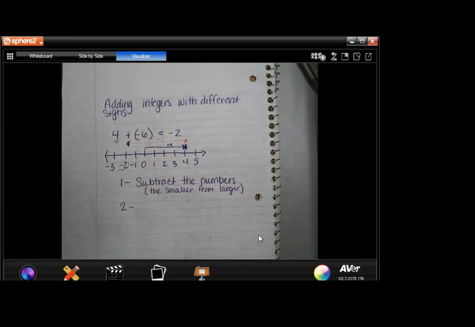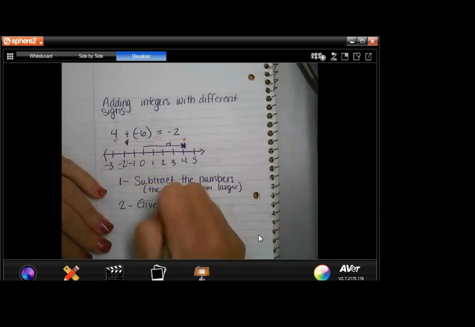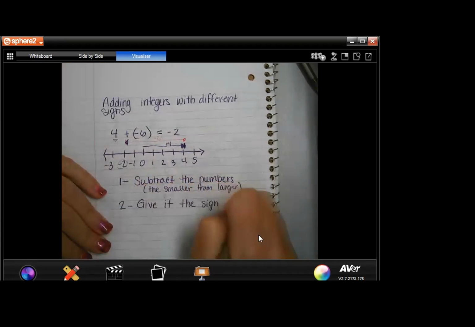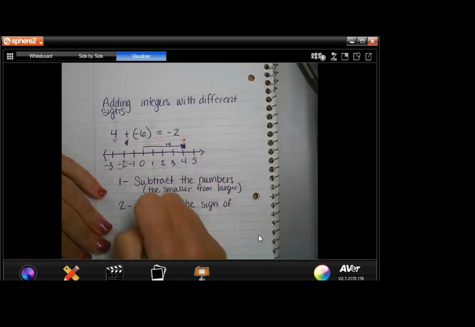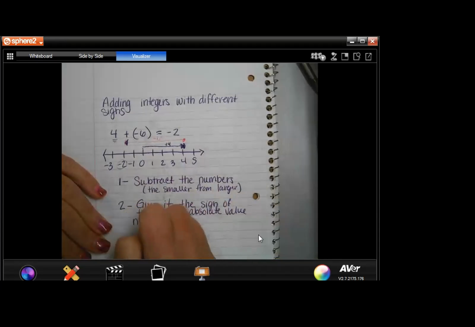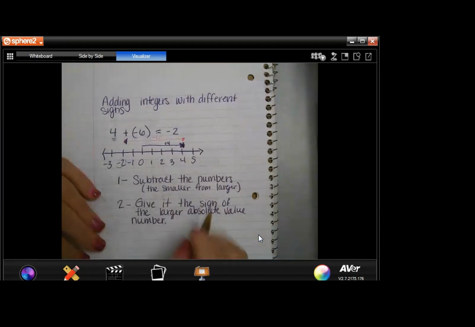You give the sum, the answer, the sign of the larger absolute value number. Now you're like, absolute, say what? In a nutshell, basically, you give it the sign of the larger number.